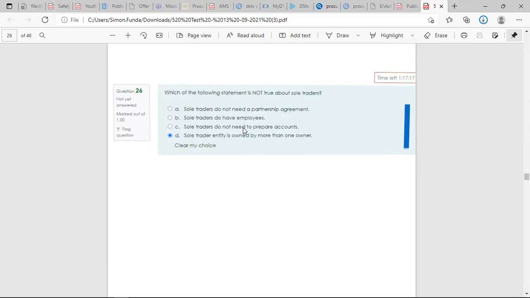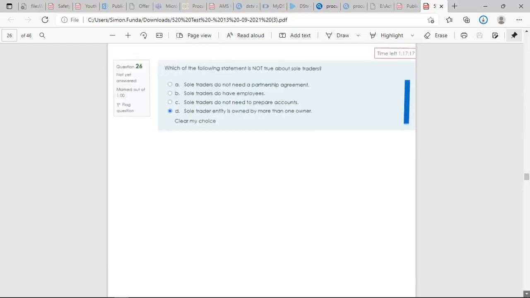A sole trader does not need to prepare accounts. It's true. What is not true? A sole trader entity is owned by more than one person. So this is not true. A sole trader is owned by one person and not more than one owner. It's just one person. So this one is also straightforward.